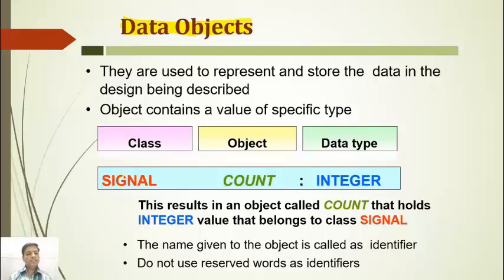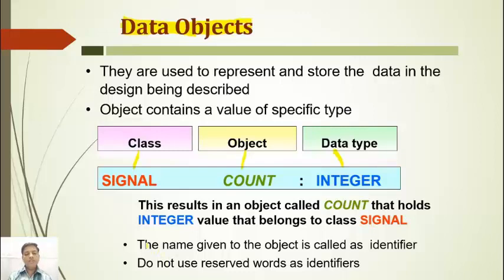This results in an object called count that holds the integer value and belongs to class signal.